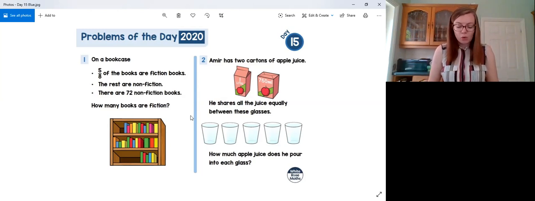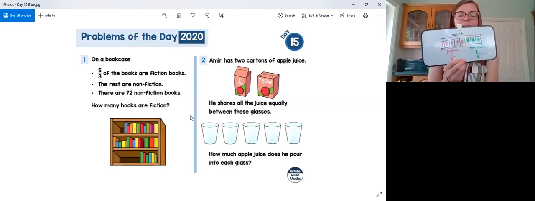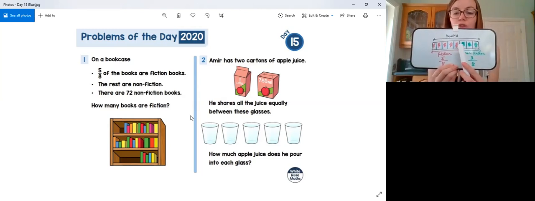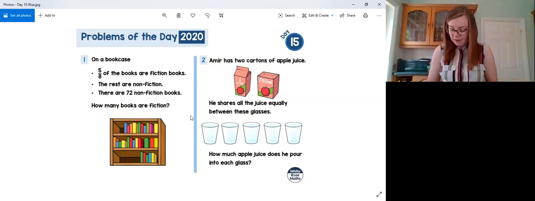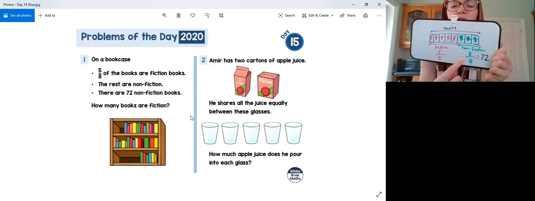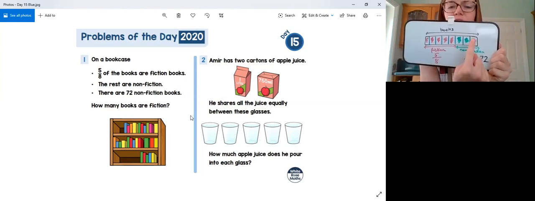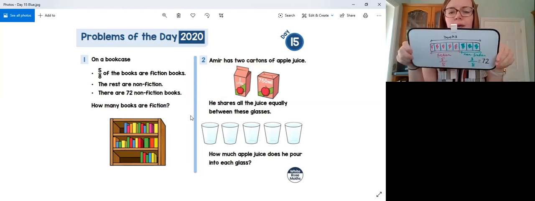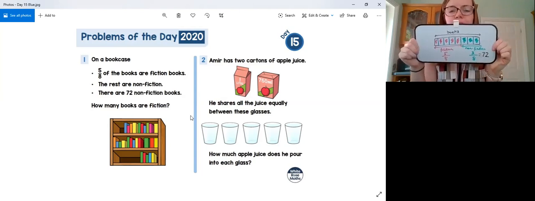The other thing we are also told is exactly how many non-fiction books there are. So this 3/8, these 3 chunks, is 72 books. Okay, so if 3/8 equals 72, or the 3 chunks equal 72, can we work out what 1 chunk is?